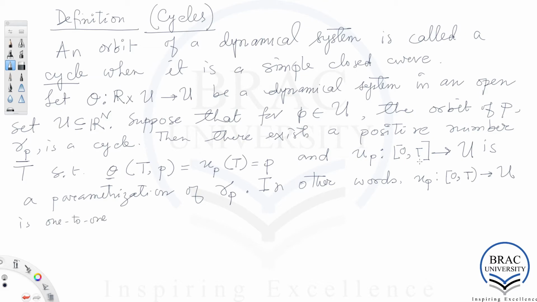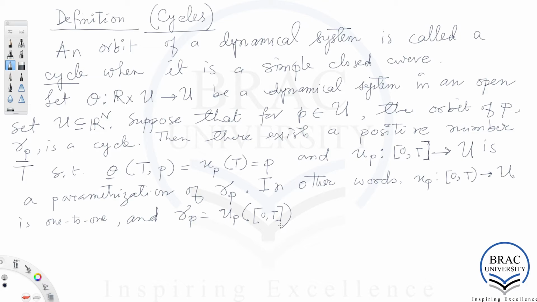So if I just exclude this right endpoint, then the curve becomes 1 to 1, and gamma P, which is defined as the image, I think it would be U sub P. Okay.